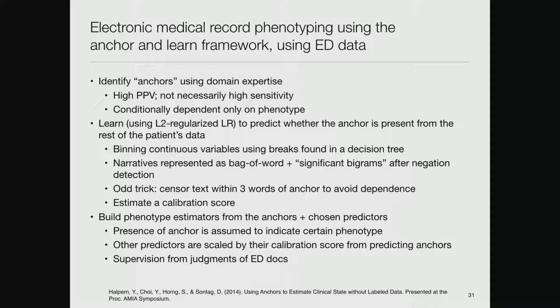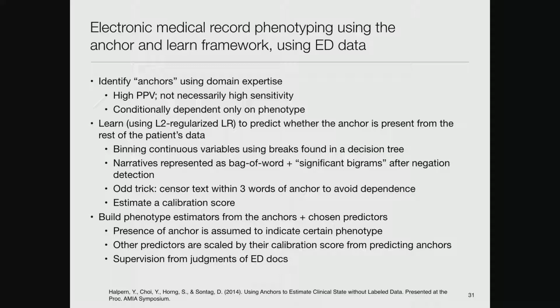So they start the same way. They say, okay, Dr. Liao, give me terms that are very good indicators that I have the right kind of patient if I find them in the patient's notes. So these are things with high predictive value.